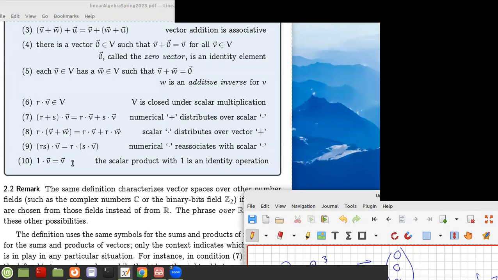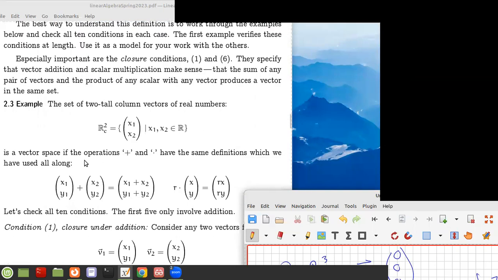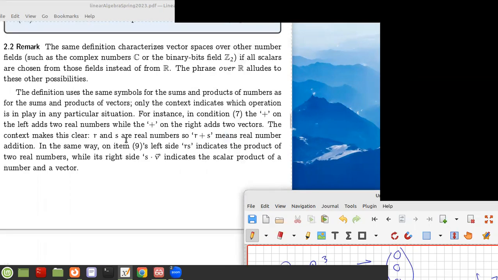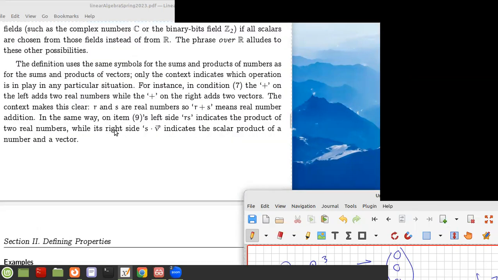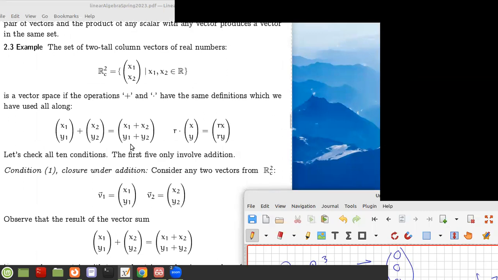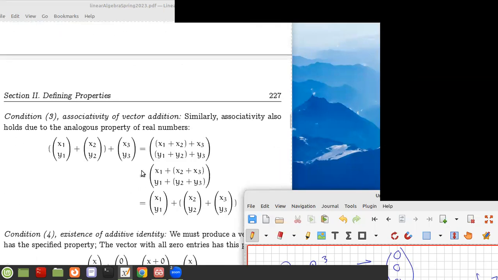Those are the defining properties. One of the exercises in the text is to go through and verify that all of these things do work for these big spaces.